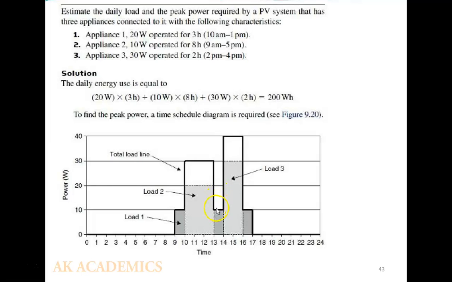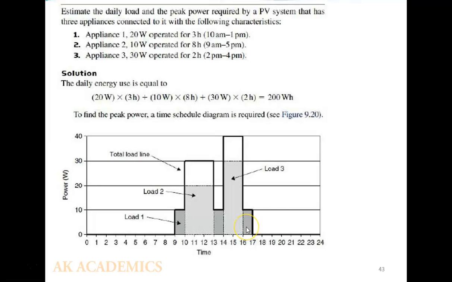And then you notice again that the third appliance, or the third load, is 30 watt. Then you add that 30 again to this 10, which acts as the smallest load. So if you add 30 to this, it gives us 40. So it traces right up here, and then you have 40, and then you come down and then you have your total load line.